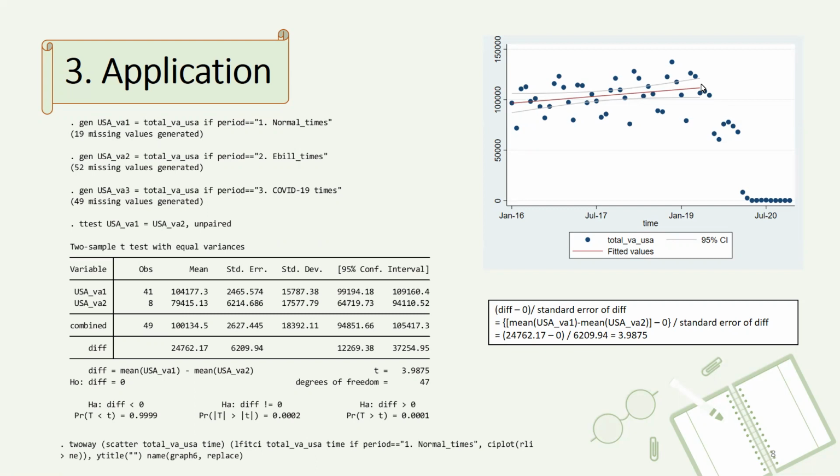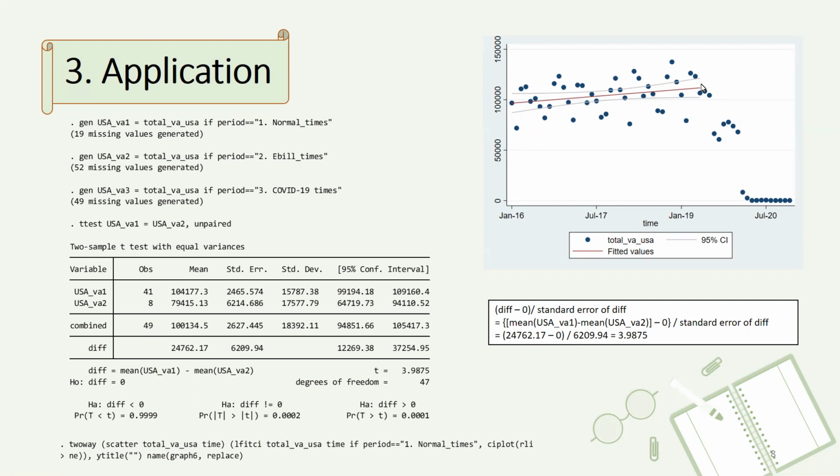You can see there is a text box. Here, the t-statistic should be calculated by diff minus 0 divided by the standard error of diff. I copied the values into the computer for you, so the t-statistic should be 3.9875. And you can see below the table, there is also t equals 3.9875. So basically, Stata calculated this for you, so you don't have to do it by yourself.